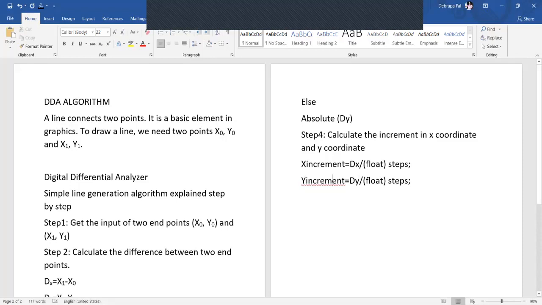Now we will go to step 5. What is step 5?